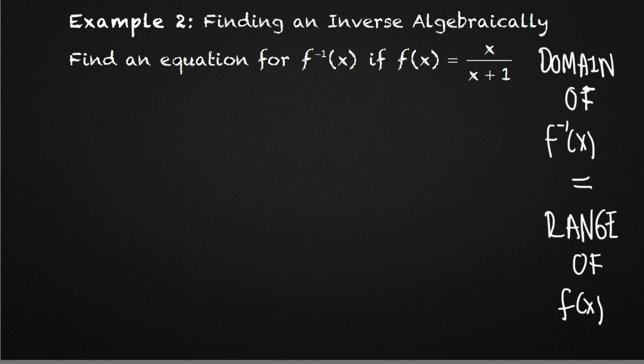So, first thing I'm going to do before I even find the inverse algebraically is attempt to sketch this graph. And if I graph this, I'm going to use the idea that I know my vertical asymptote is at x equals -1. So I can draw that vertical asymptote in there. And I can use my coefficients 1 and 1 because the exponents are both 1.